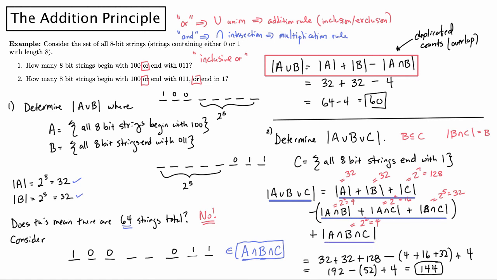That is the addition rule for 3 elements, is those 3 that we use there. Basically, you add in all the single sets, you subtract all of the 2-way intersections, and then you add back in the 3-way intersection. Alright, this has just been a basic introduction to the addition principle.